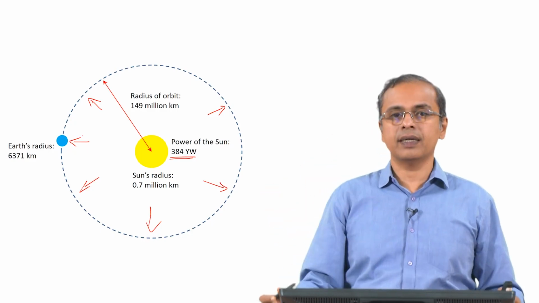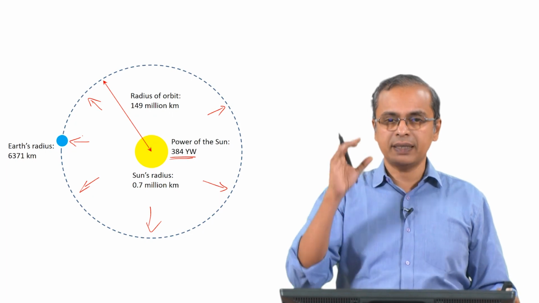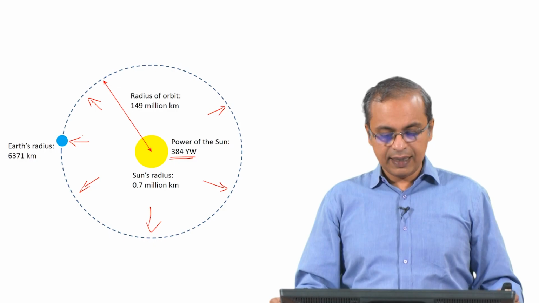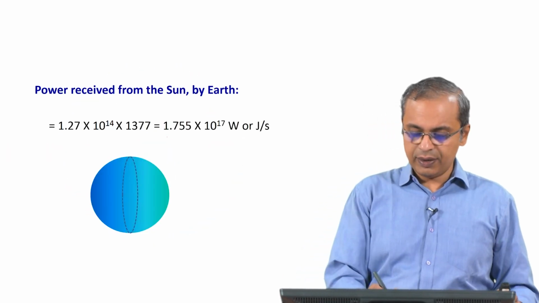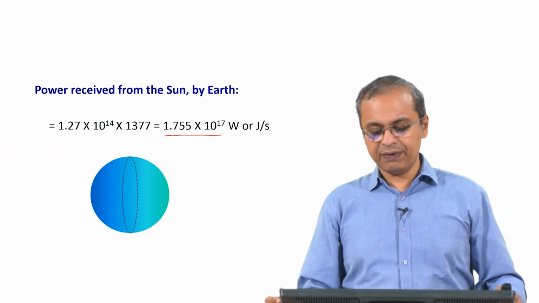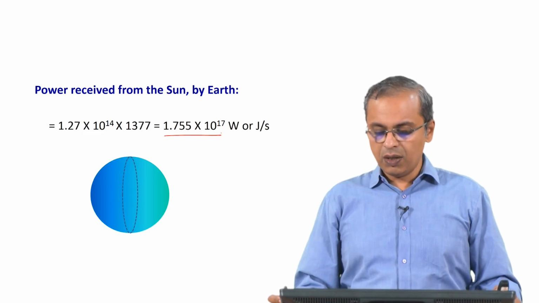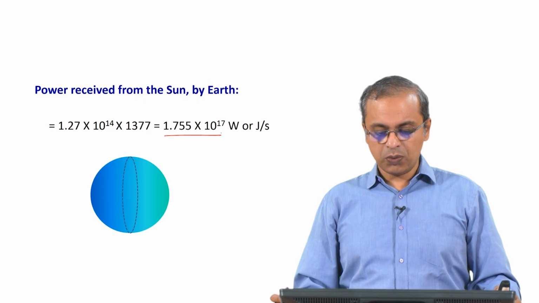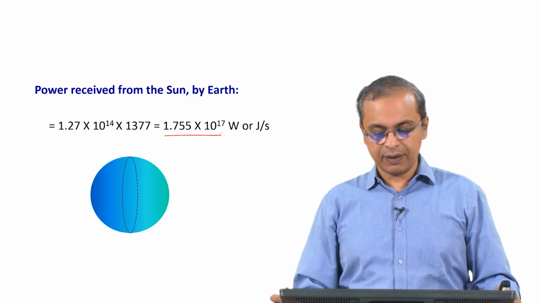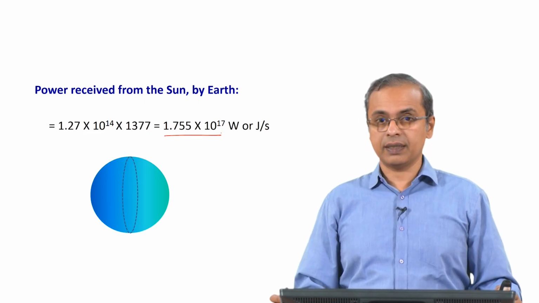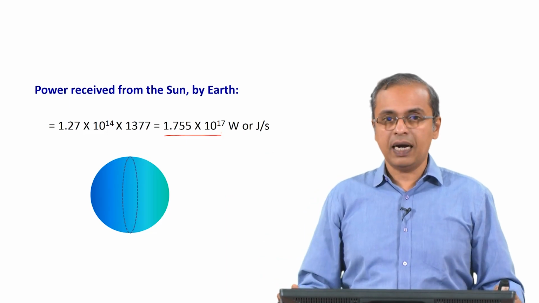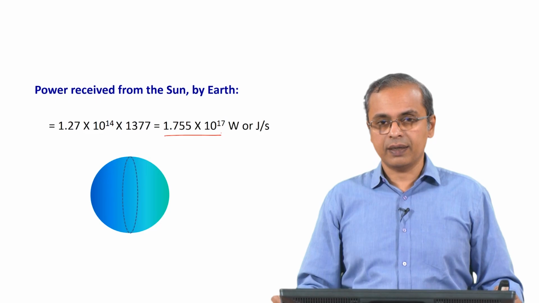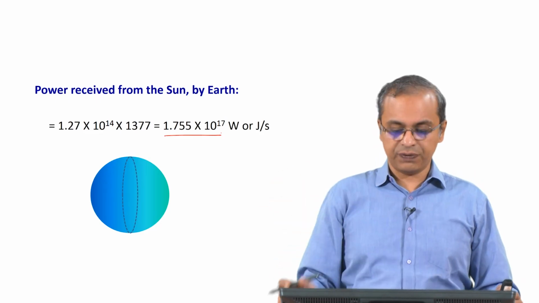There is a certain power per unit area that arrives at the surface of the earth, and that value we calculated to be about 1.755 into 10 power 17 watts or joules per second. Okay. So, that is what is arriving on the earth from the sun after it has travelled the entire distance between the sun and the orbit of the earth.